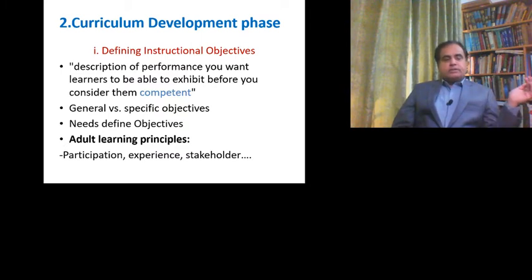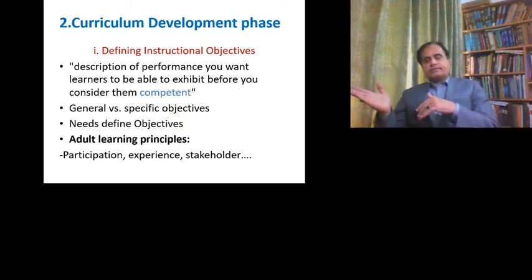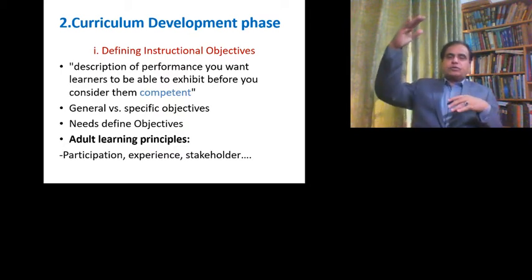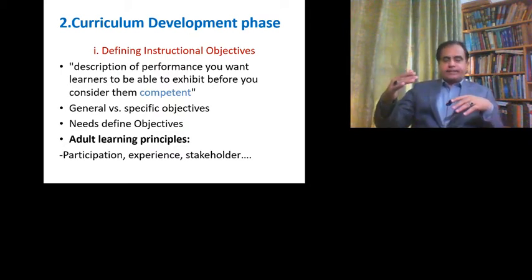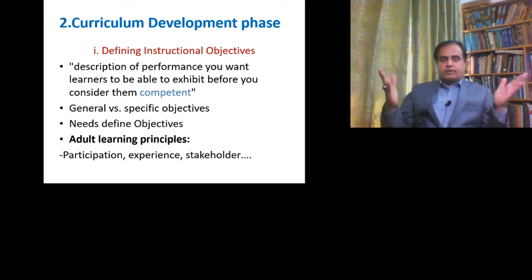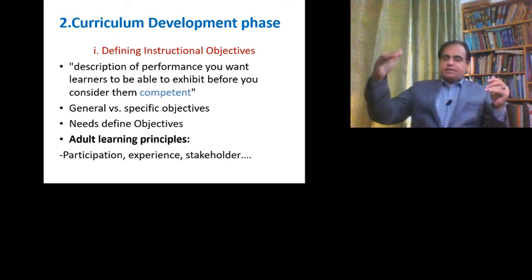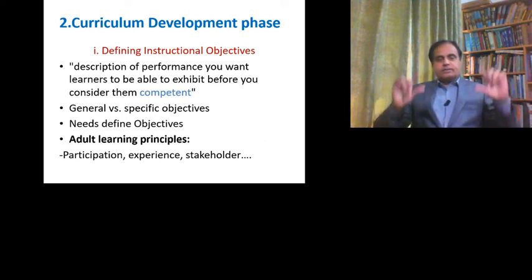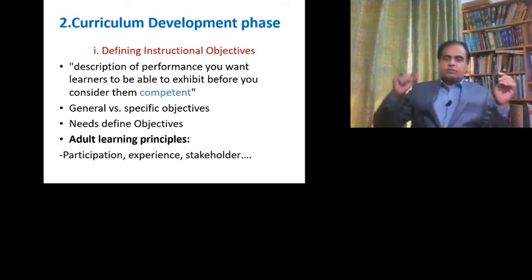There are general objectives, there are specific objectives. So the example of general objectives: what are the objectives of the BS translation and interpretation curriculum, the whole curriculum? What are the objectives of each individual course? And under the courses there are topics. So what are the objectives of each topic or subtopic, and so on and so forth?